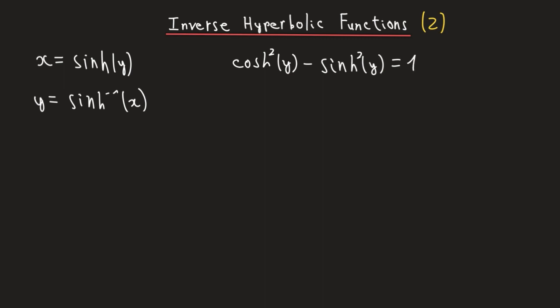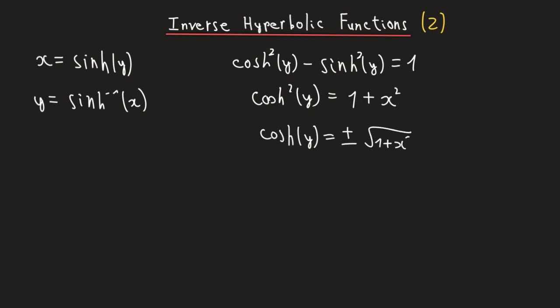This allows us to write that cosh squared of y is equal to 1 plus x squared. Notice that we replaced sinh squared of y by x squared because x is equal to sinh of y. And therefore, cosh of y is equal to plus or minus the square root of 1 plus x squared.